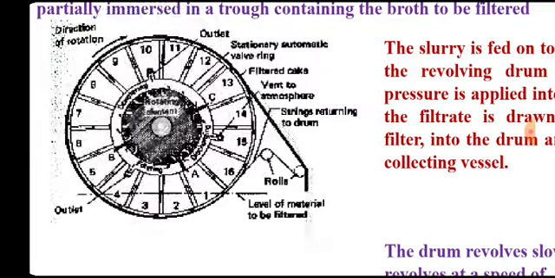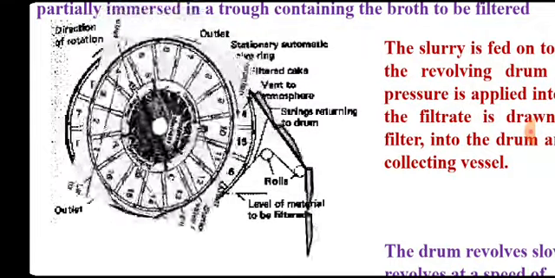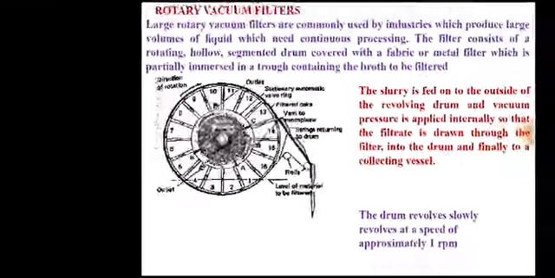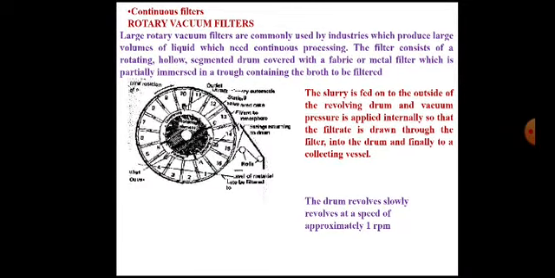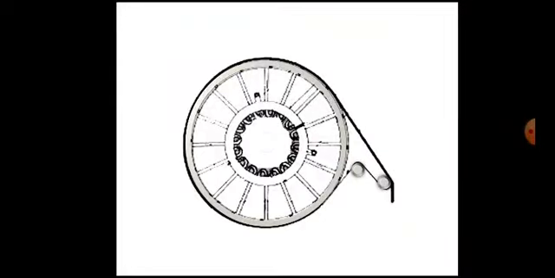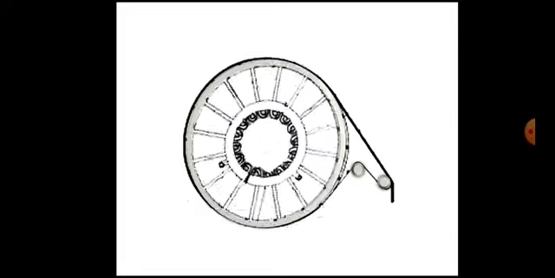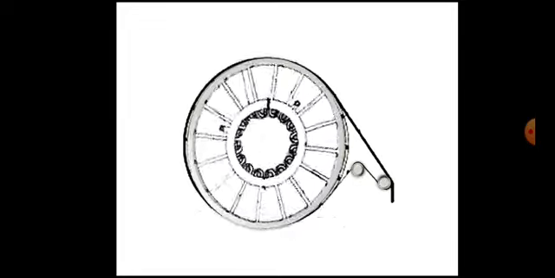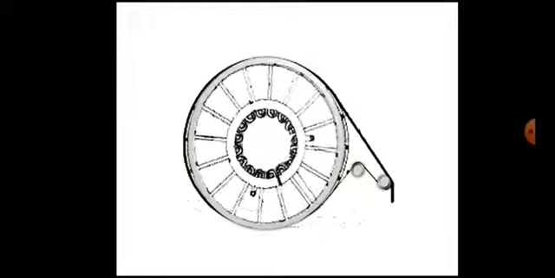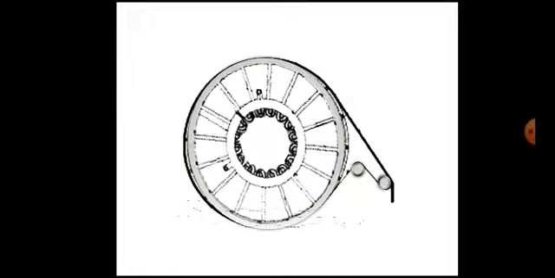So the rolls are continuously rotating, and the filter cake, or the impurities, are getting discharged. This is the more improved diagram we can see here. It's very nicely shown in this animation.